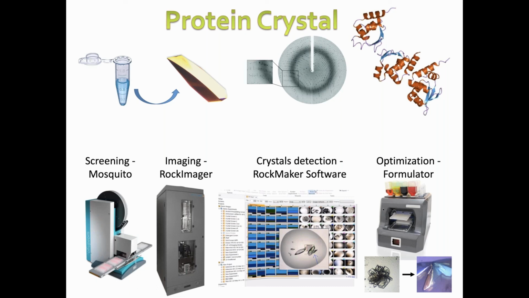We can use 16 different solutions and create either a grid plate or a random plate. We have daily examples where you can see that we get from not so very good crystals, much better crystals using the Formulator. So I'd say this is pretty much the main unit at the TCSB.